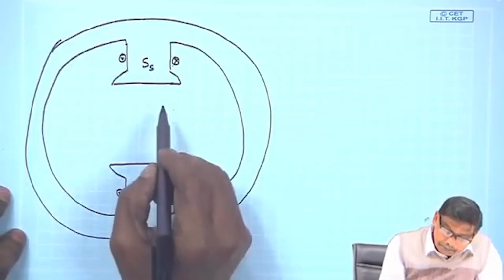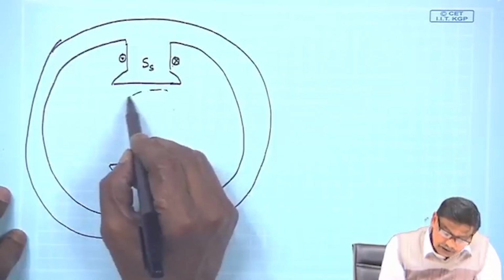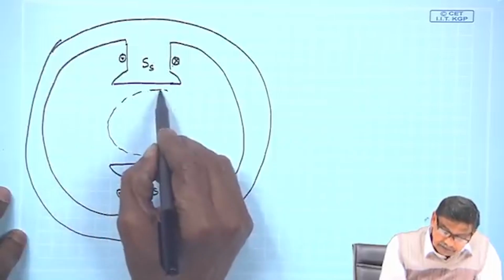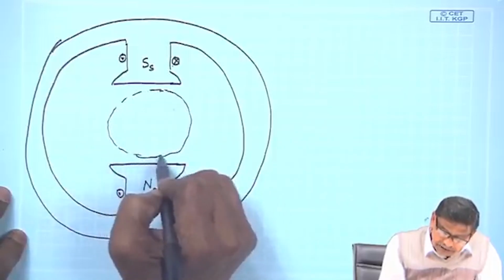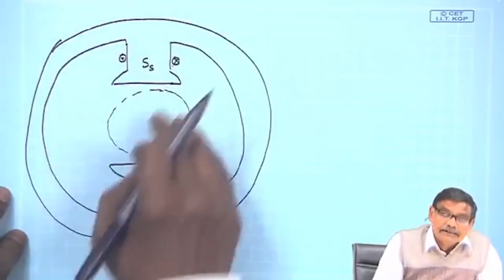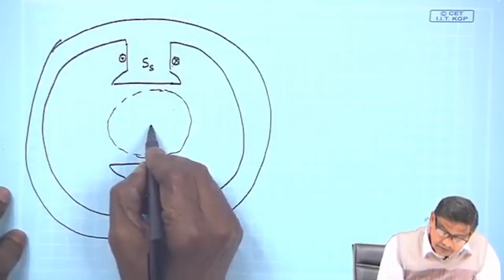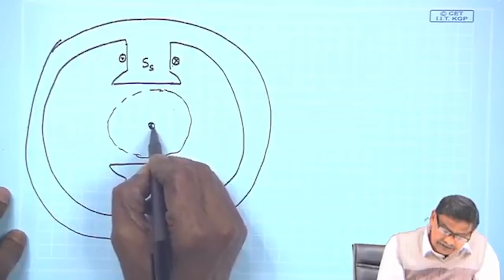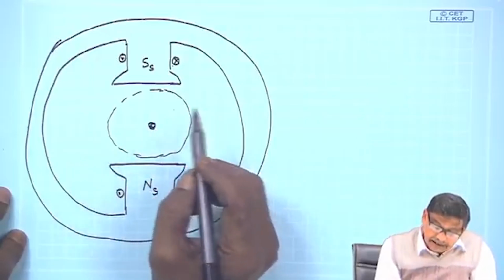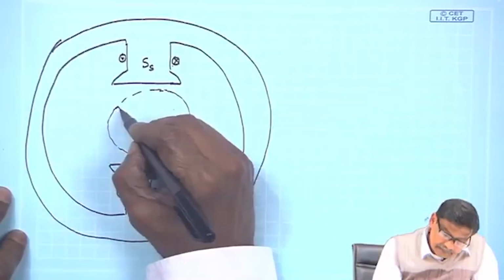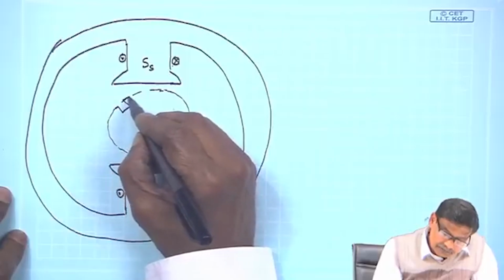The part which moves is also cylindrical, with a common center with the stator, and that is the rotor structure. The center is common like this, and it has a shaft, and there you can make some slots.